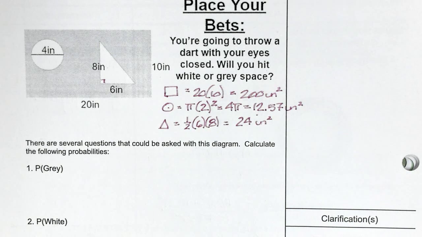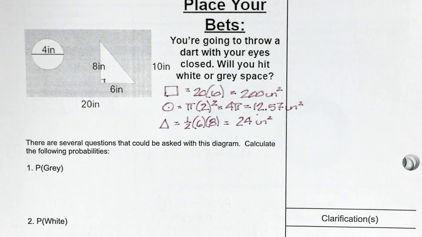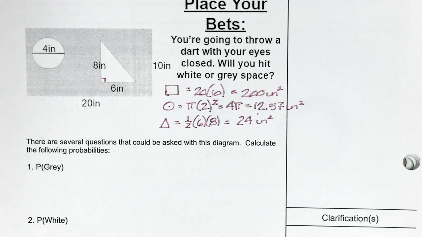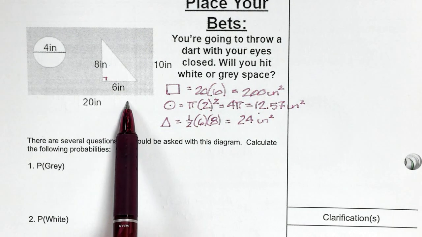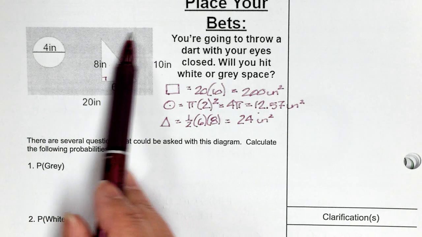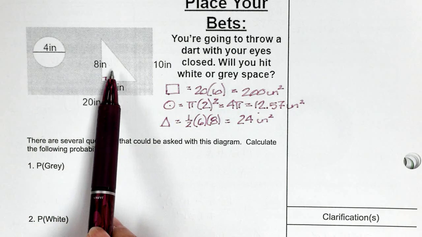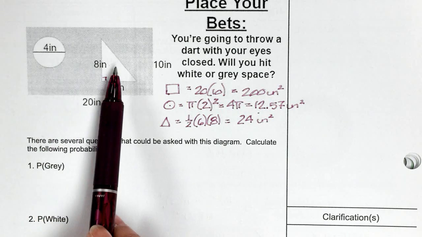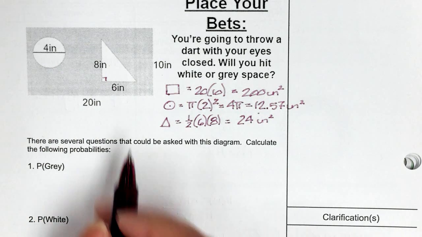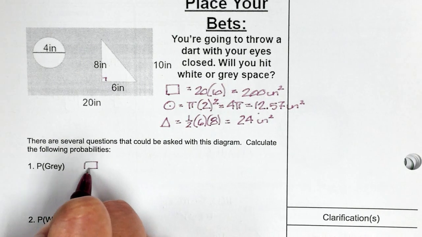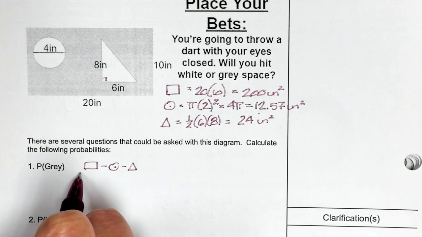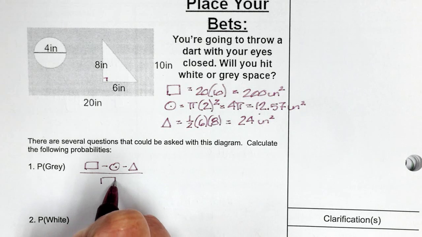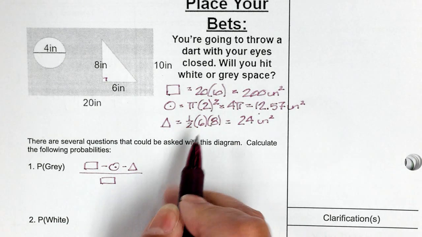So now we have all the areas, we can start doing our probabilities. The probability we're going to hit the gray space. The gray space is the rectangle minus the white spaces, which is the circle and the triangle. So this would be the rectangle minus the circle minus the triangle all over the rectangle.